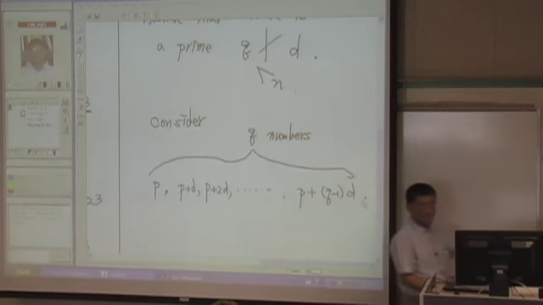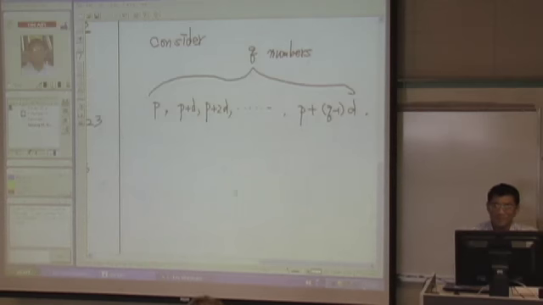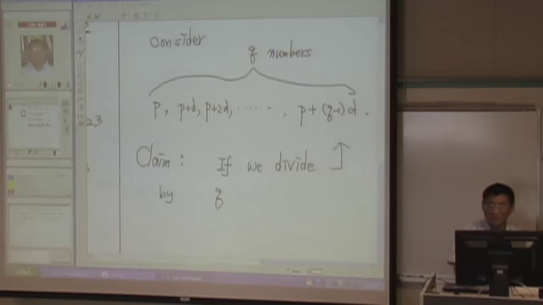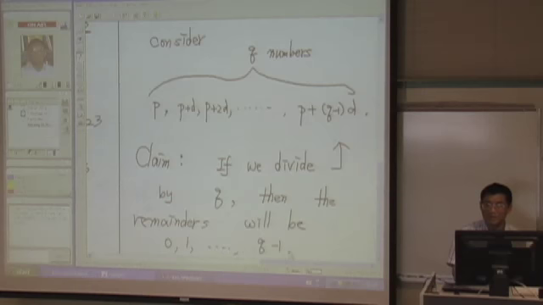Then, claim. This is my claim. My claim says if we divide these numbers by Q, then the remainders will be 0, 1 up to Q minus 1 by the division algorithm.